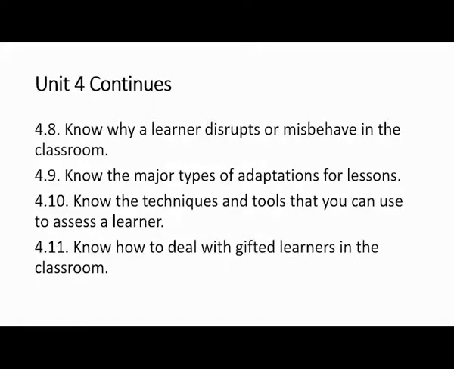You should know how to deal with gifted learners in the classroom. So gifted learners also need attention in order for them not to disrupt the others that are slow. So you should know how to deal with them.